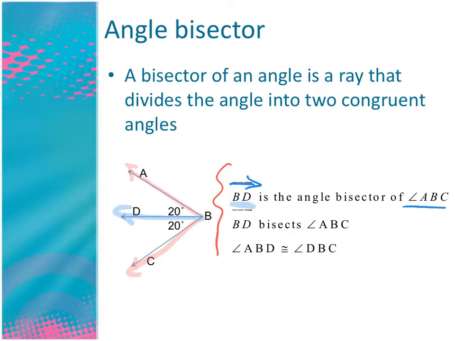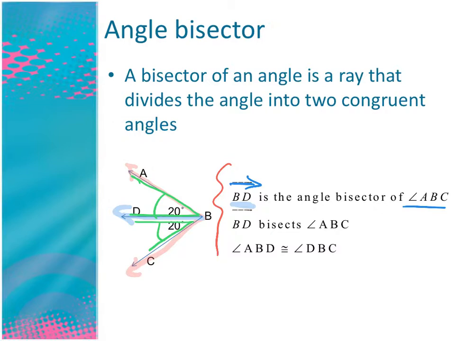When you see a statement like that, you need to know, or you can conclude, that the two smaller angles that it just makes are now congruent angles. And in the picture, they'll either have the congruency marks or they will show you the value of how big that angle is in degrees.